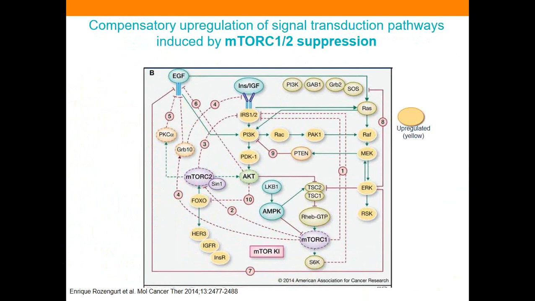So knocking out mTOR1 and mTOR2 gets us over certain hurdles, but it also creates other problems because they both have disproportionate control over inhibitory pathways. So rather than knocking out these two downstream targets, let's see what happens if we knock down an upstream and a downstream target on the next slide.